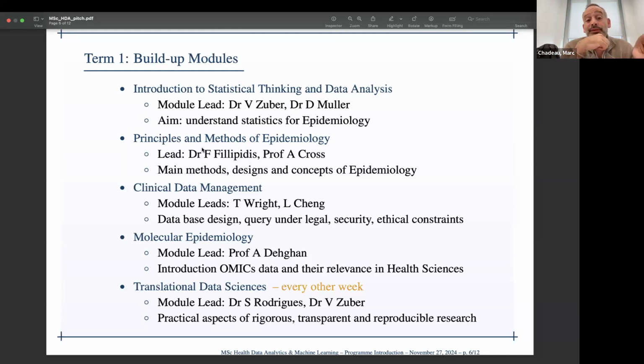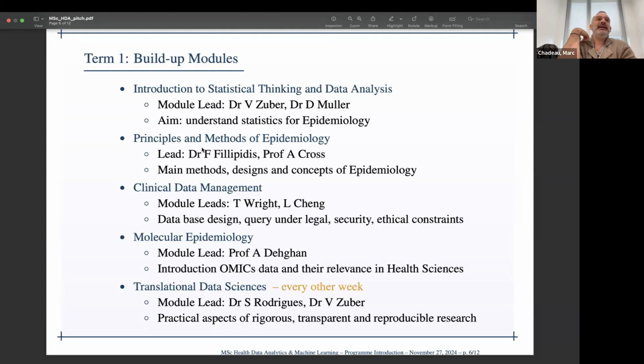So to do this, we have two fundamental modules which are in common with other programs in the school. That's Introduction to Statistical Thinking and Data Analysis, which are led by Verena Zuber and David Muller. Main aim of this module is that you understand statistics for epi. So these are the key concepts that we are playing around with when we're doing epidemiology.